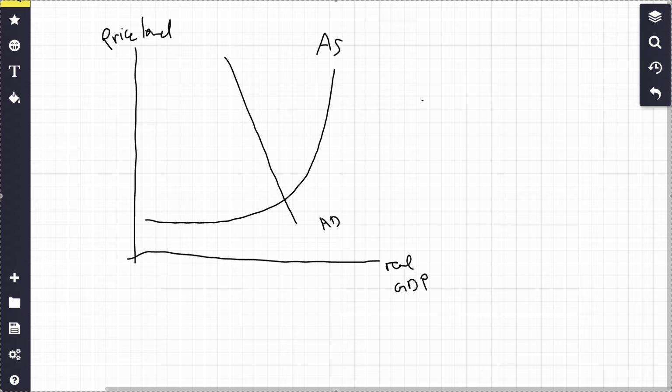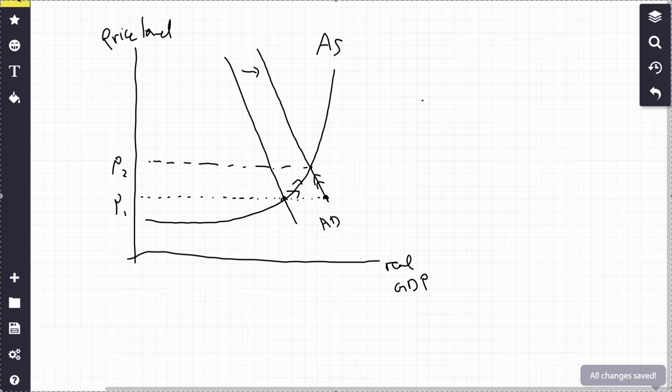So if AD shifts to the right, people buy more stuff without price going up, that would cause shortage, right? This is quantity demanded, quantity supplied, that's shortage. So the market drives up the price, and that will be the inflation. Price goes from P1 to P2. That is inflation, right? Because the shortage is solved by driving up the price.